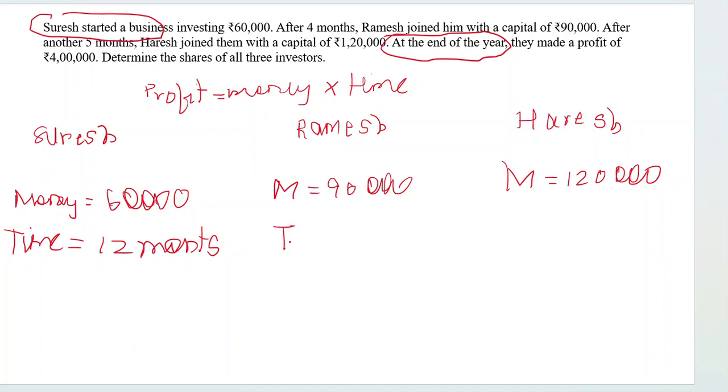But Ramesh joined 4 months after. After 4 months are completed, he joined. That means he was in the business for 12 minus 4, which is 8 months. Similarly, Harish joined after 5 more months, after 9 months. So he was there in the business for 7 months.